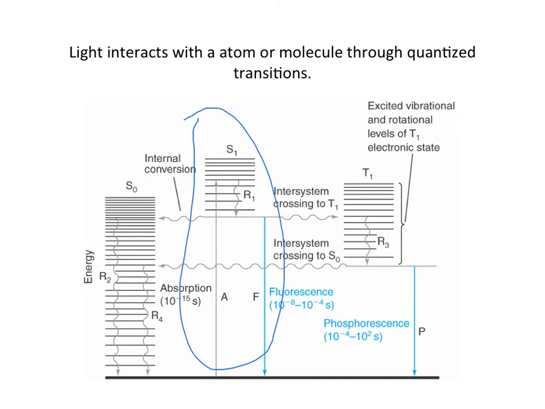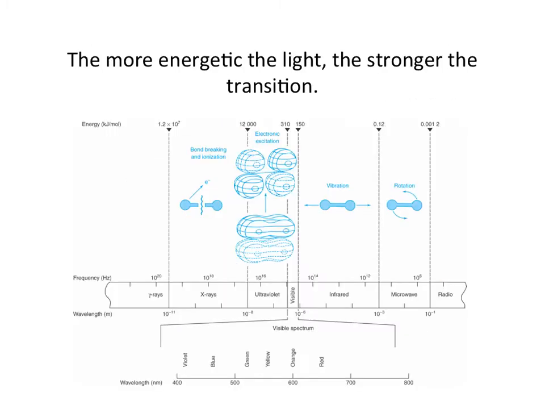Notice that S1 only has specific energies, and so only specific wavelengths can be absorbed. This is what gives our solutions distinct color, and this is why we have to pick specific wavelengths to make absorbance measurements.